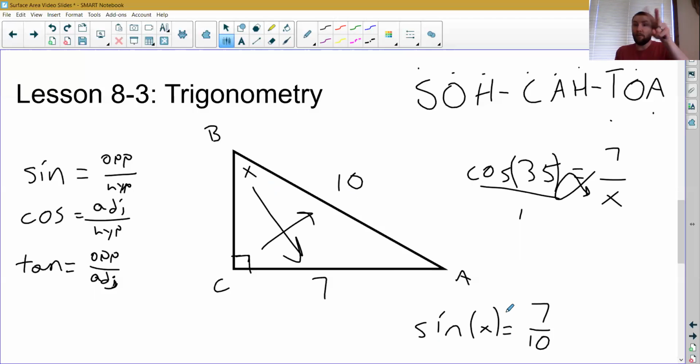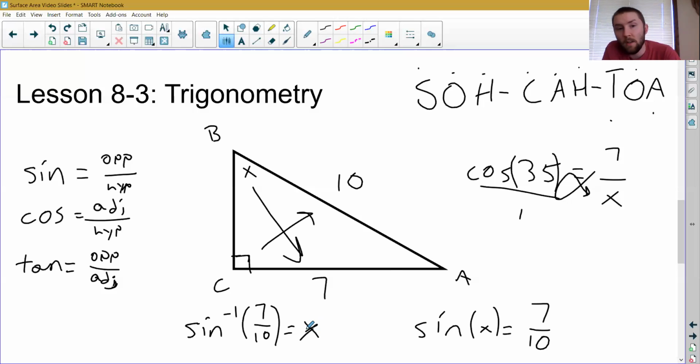And then remember, I'm allowed to flip the x and the fraction by changing it to sine inverse, which we do have on our calculator as well. Sine inverse of 7 over 10 is equal to x, and then we just use our calculator, making sure the mode says degree, DEG, and you figure out the angle x, okay? So if you're unsure about how to use sine, cosine, tangent to either find missing side lengths or find missing angles with the inverse, do please let me know, okay?